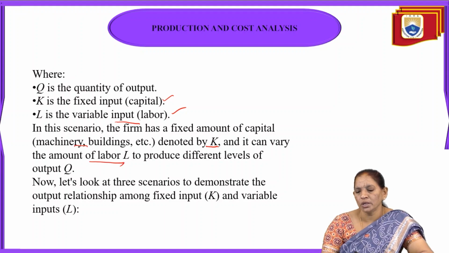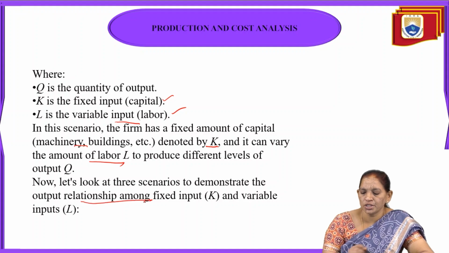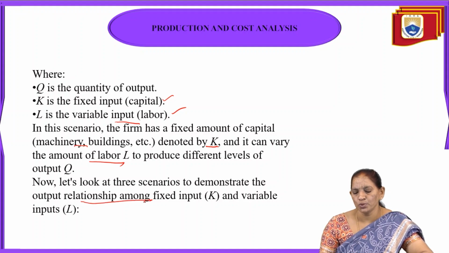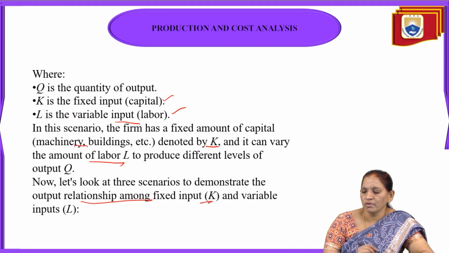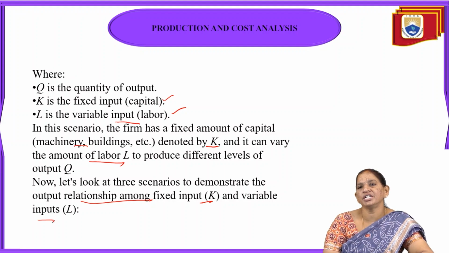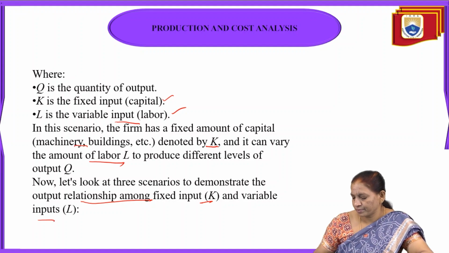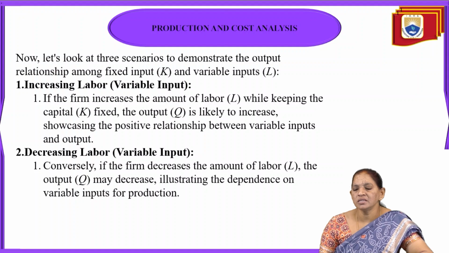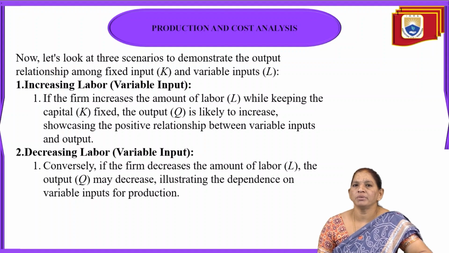Now we look into three types of scenarios where we can demonstrate the output relationship between fixed inputs and variable inputs. Fixed we call capital, and variable input we call labor. So we'll consider those three parameters.